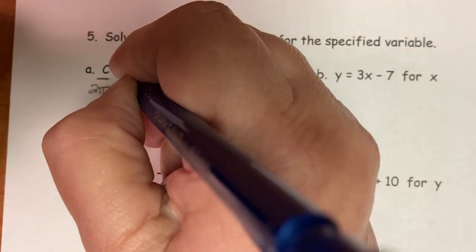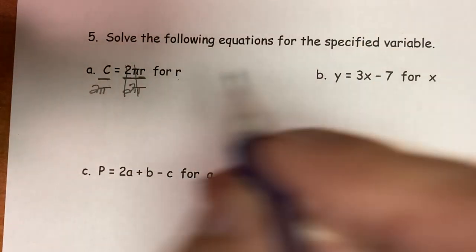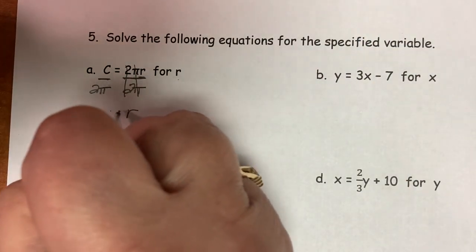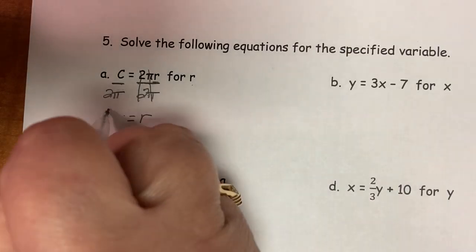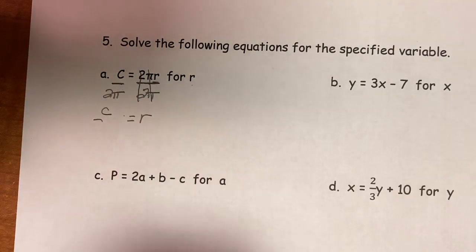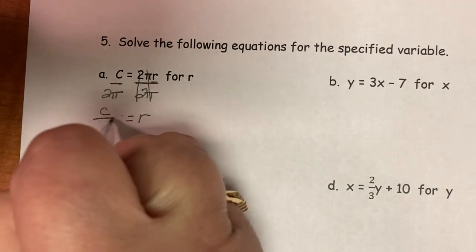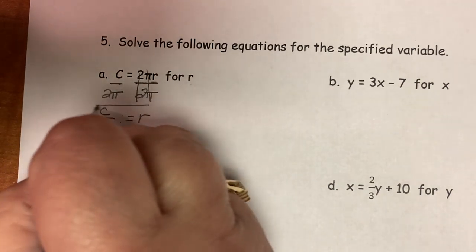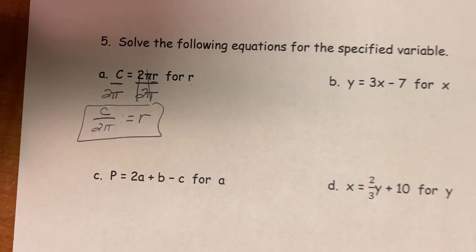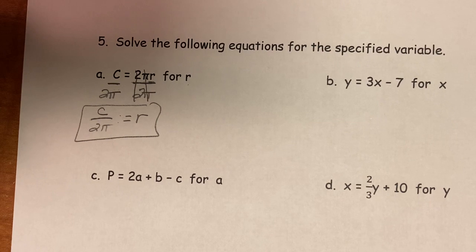Because look on the right-hand side, the 2's will cancel, the pi's will cancel. So I'm left with simply r is equal to C over 2 pi. And that's all they want you to do. So your answers aren't going to be r equals 10 or r equals -3. The answers are going to have all the same parts that your original equation did. They won't be pretty.